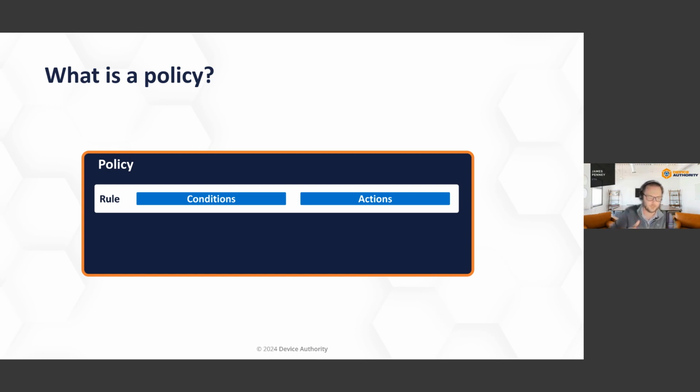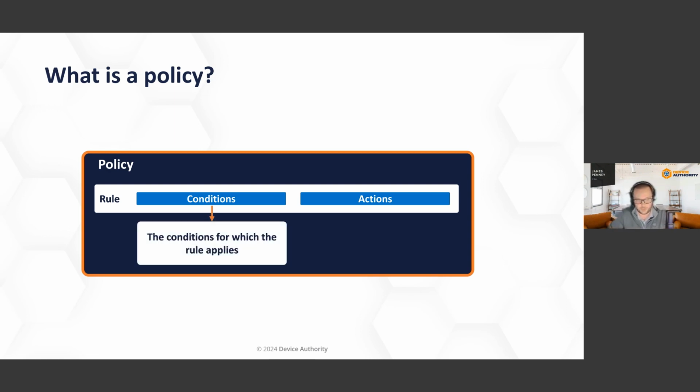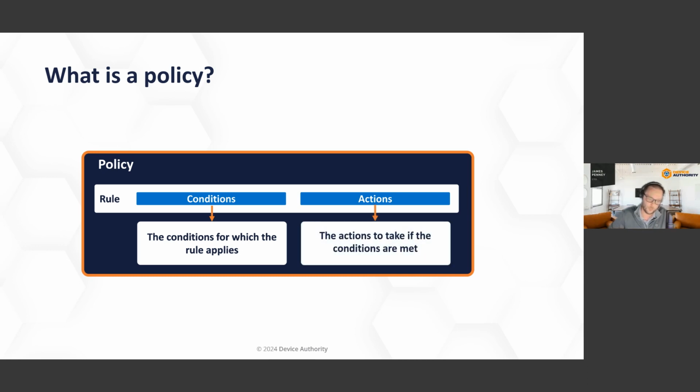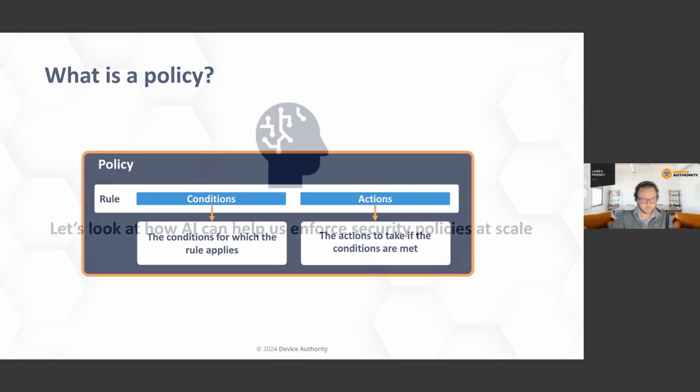Each rule typically has conditions and actions. The conditions are: what am I trying to match for which to apply this rule? And when I match those conditions, what am I going to do? It's fairly basic stuff.